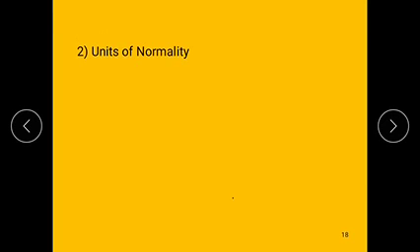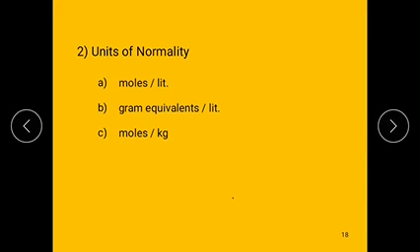Next one is, what are the units for normality? A, moles per liter. B, gram equivalents per liter. C, moles per kg. D, gram equivalents per kg.